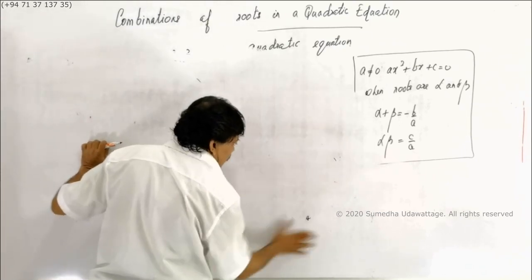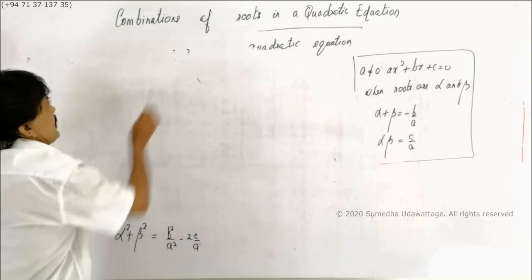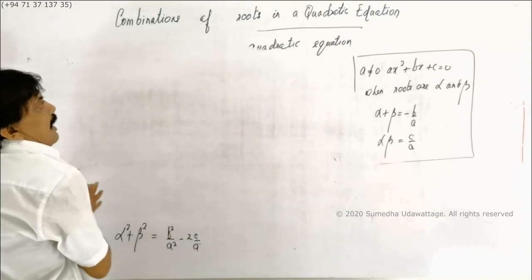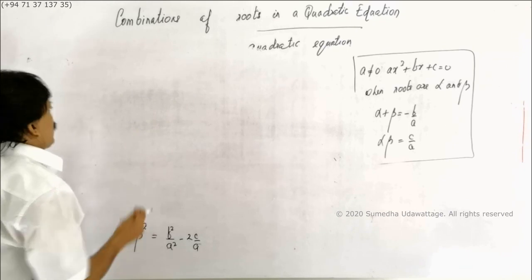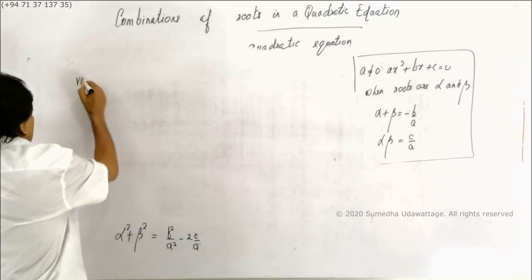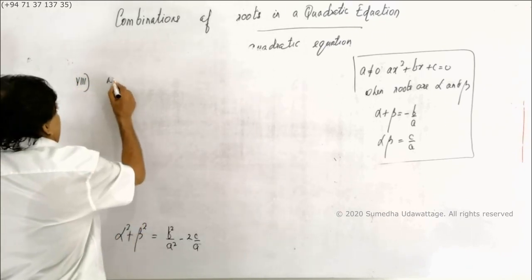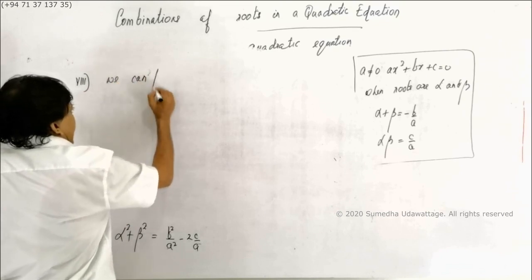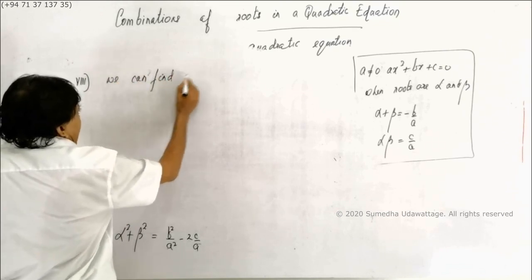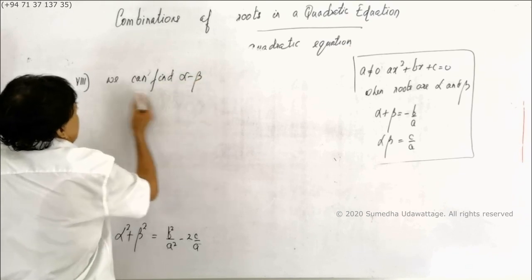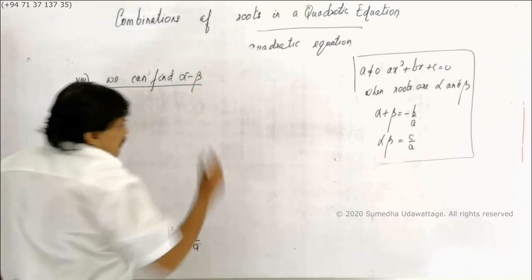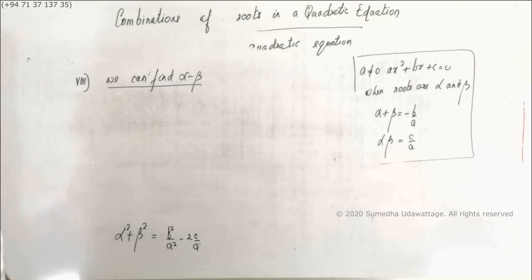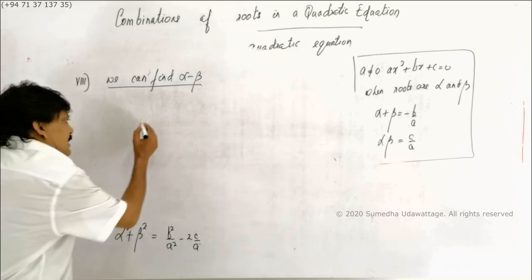Now, the combinations of roots in a quadratic equation, the next value we can find is alpha minus beta. We use a theory like this.